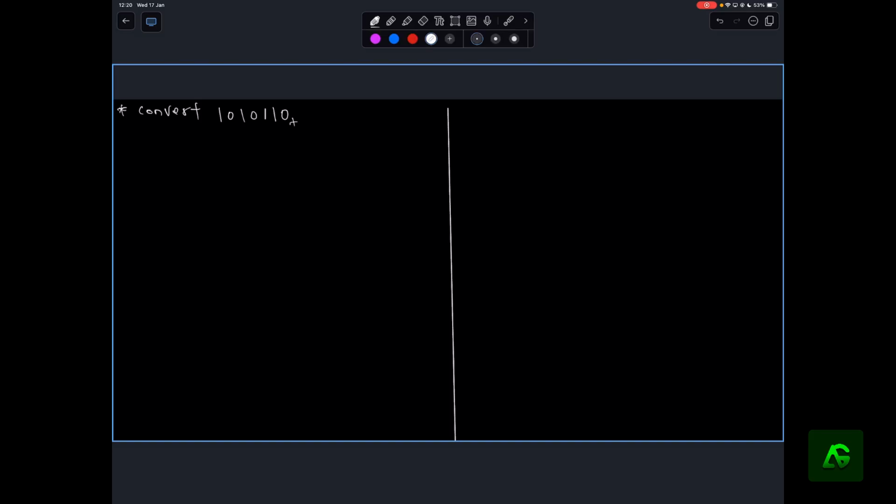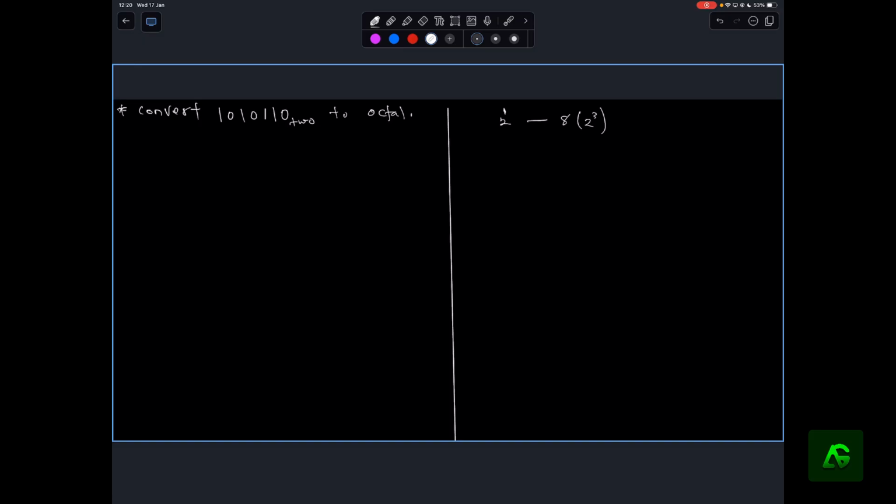In base 2 to octa. Octa means base 8. So now we want to move from 2 to 8. And 8 is the same thing as 2 to the power of 3, right? This one is the same thing as 2 to the power of 1.